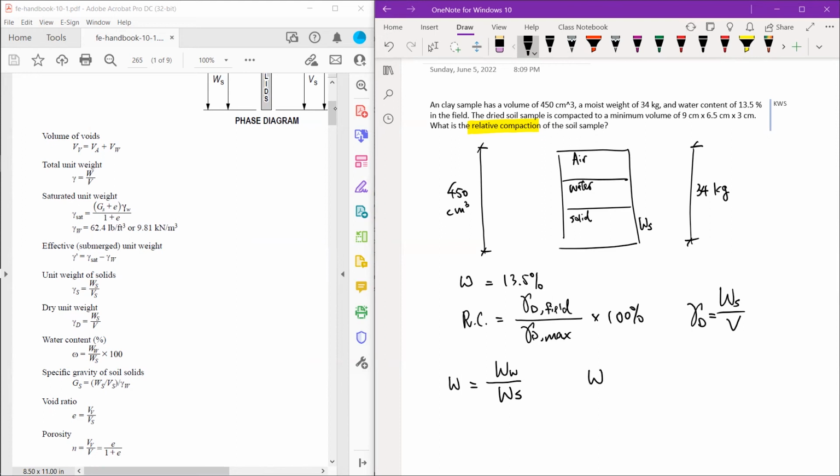So this is the water content, and the total weight is equal to the weight of the water plus the weight of the solid, because we are confident that the weight of air is equal to 0. Now, the key point is to find the weight of the solid.